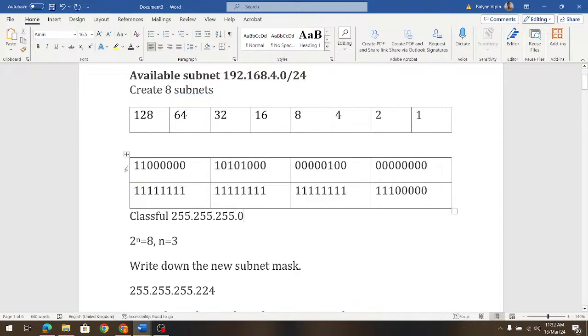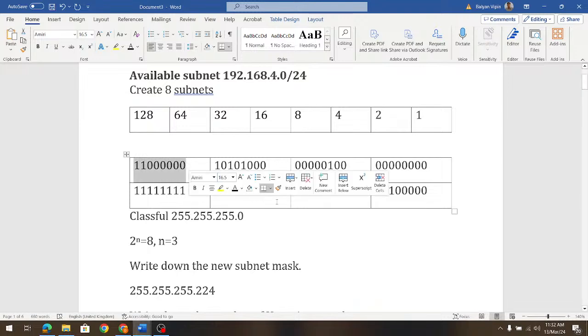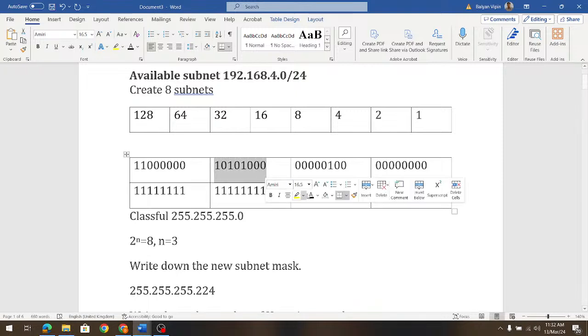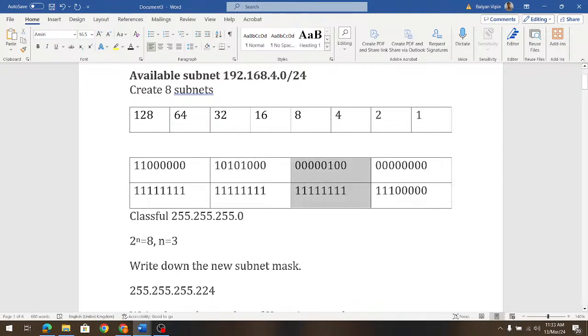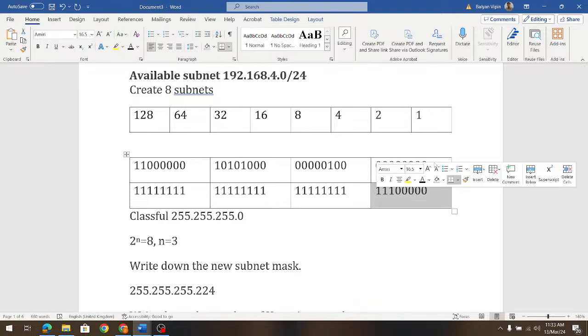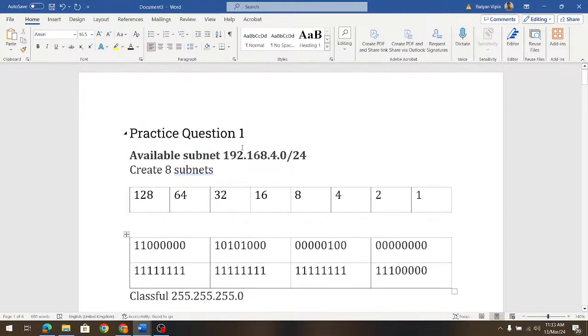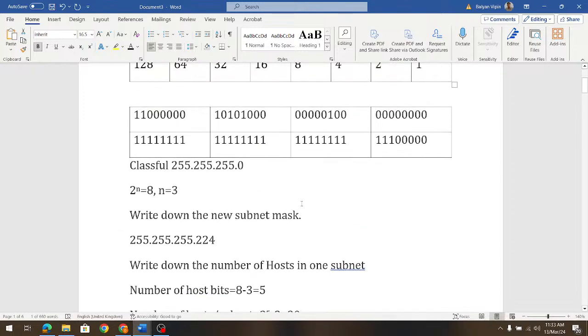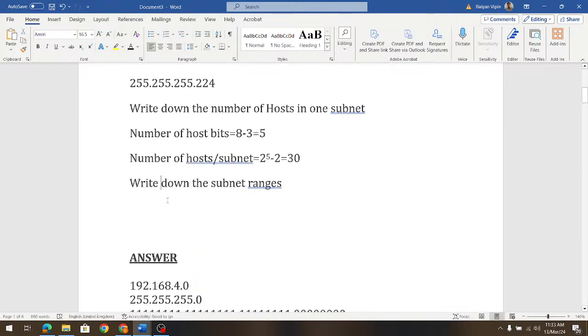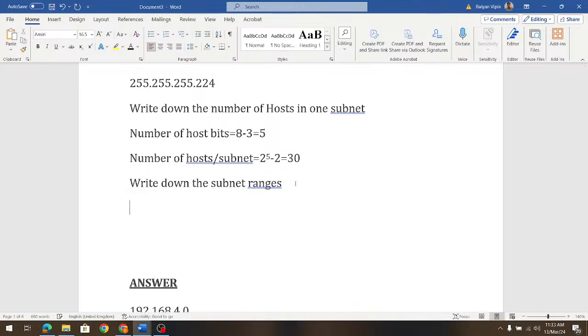When you do the AND operation of these two, the answer will be the top row. Again, if you do the AND operation of these two, the answer will be the top row. And in this case also, because they are all 0, the answer will be the top row. So the first subnet will be, right?